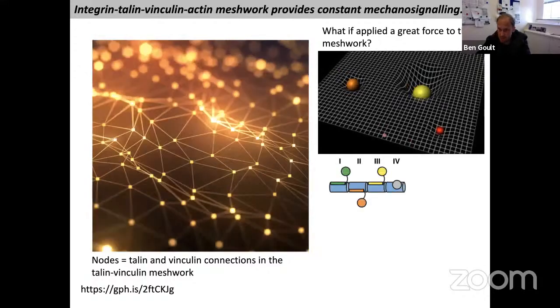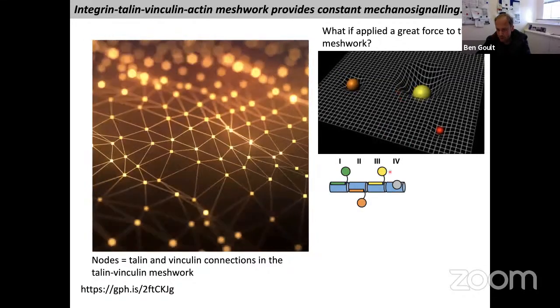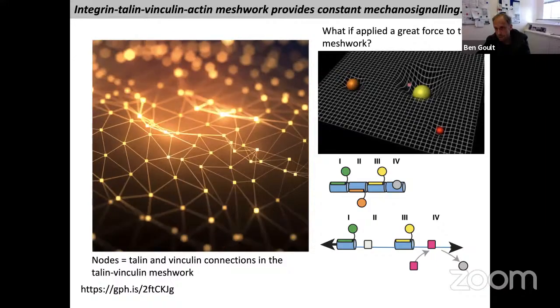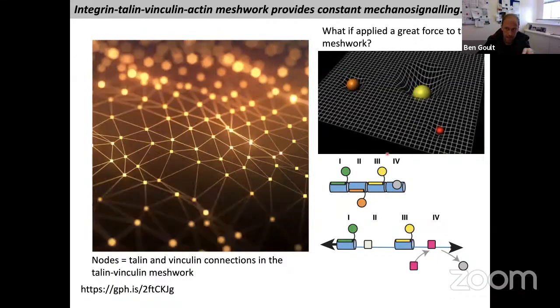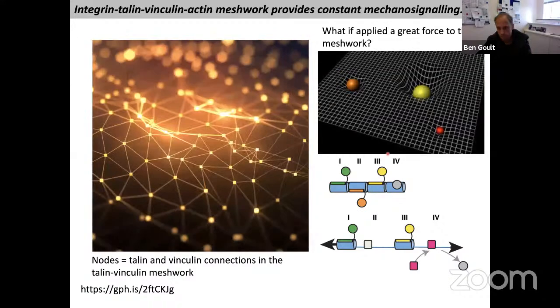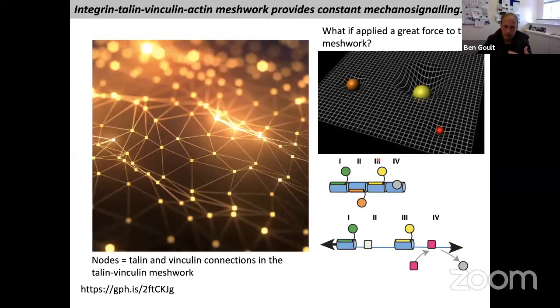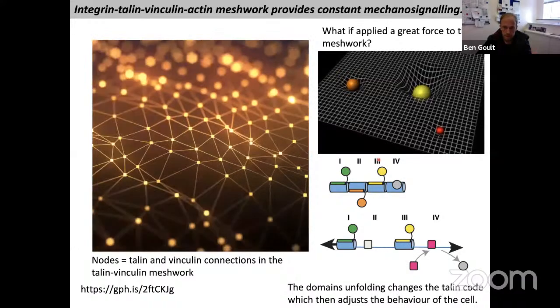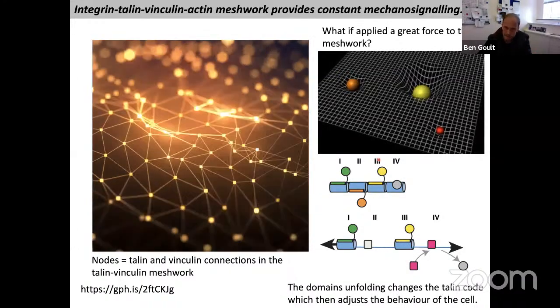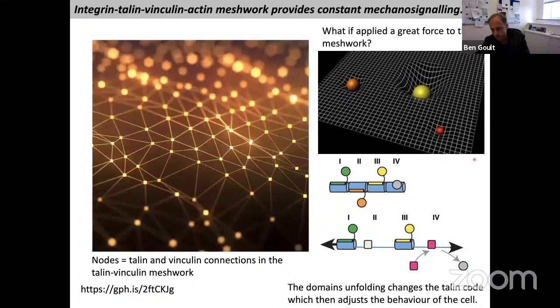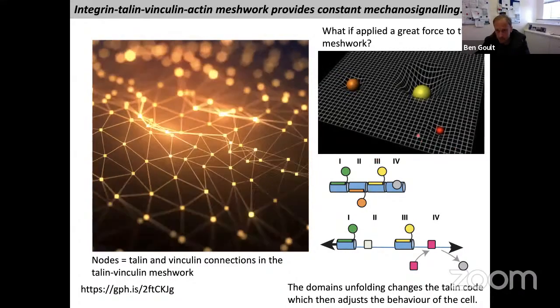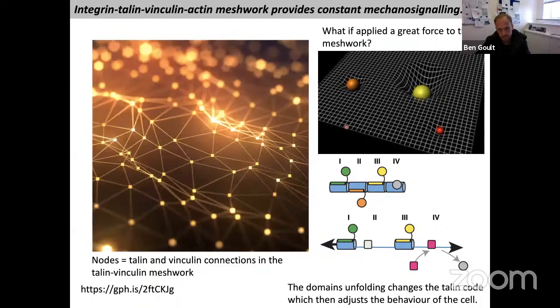If you imagine what's happening at each of those nodes, then as you exert force on it, very specifically at that site, you're changing the signaling of that bit of the cell and recruiting different molecules. And that might be to, if it's damaged, repair it, or it might just change the signaling and enable the cells to constantly be adapting as a function of their environment and as a function of the signals that they receive.